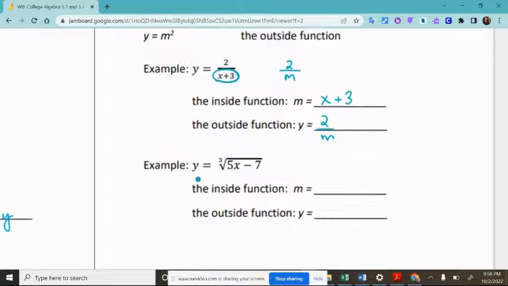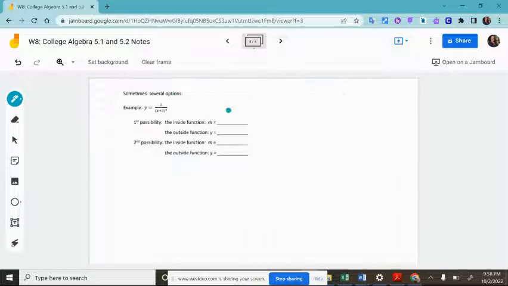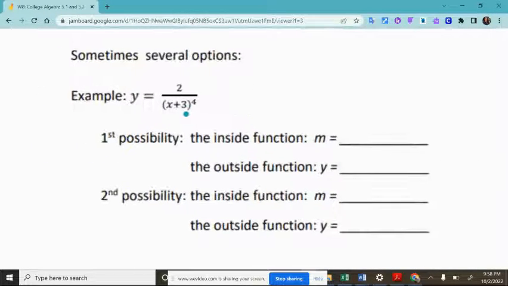All right, let's do it again. Inside function, 5x minus 7. Outside function, the cube root of what we just called 5x minus 7, which we renamed m.